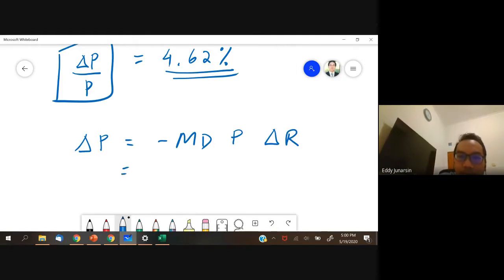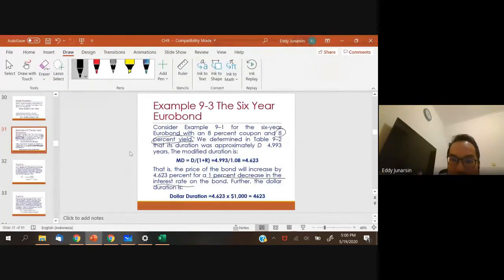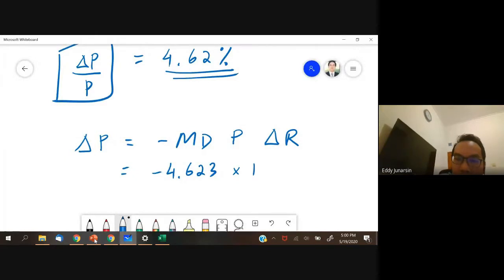We know this one is minus 4.623, and the original price is 1,000, assuming that the original price is 1,000 and the projected change in interest rate is minus 1%, a decrease by 1%. So now we multiply it by 1,000 and we get what?